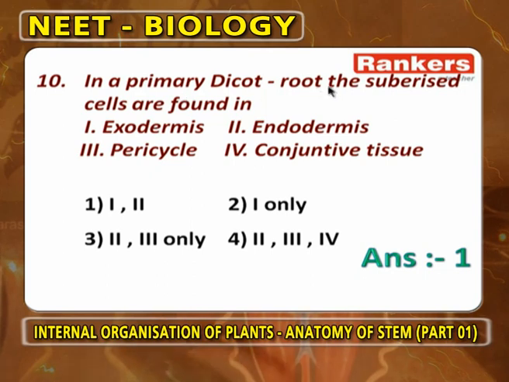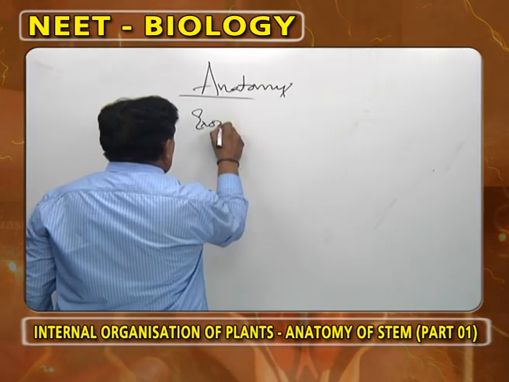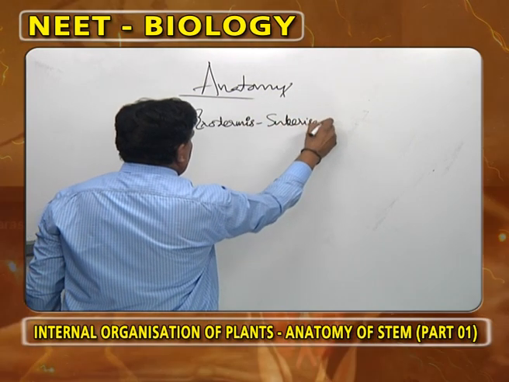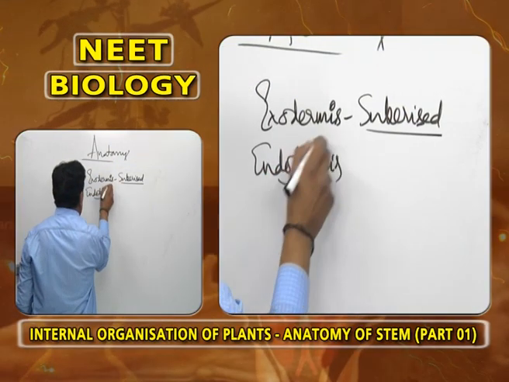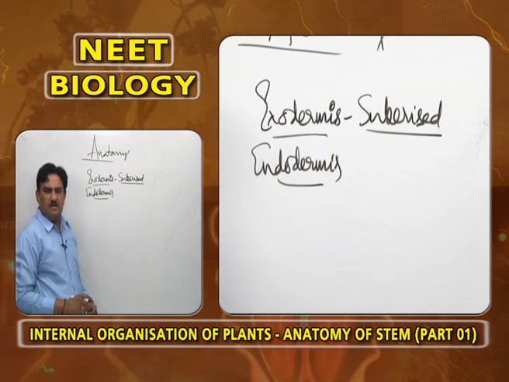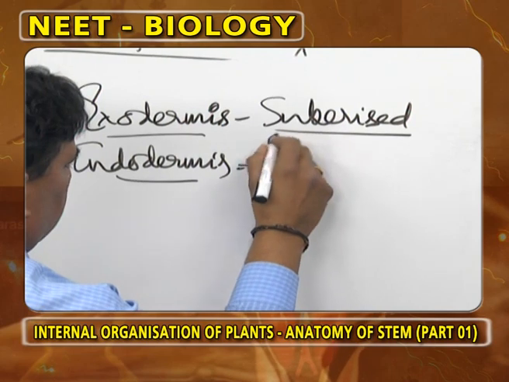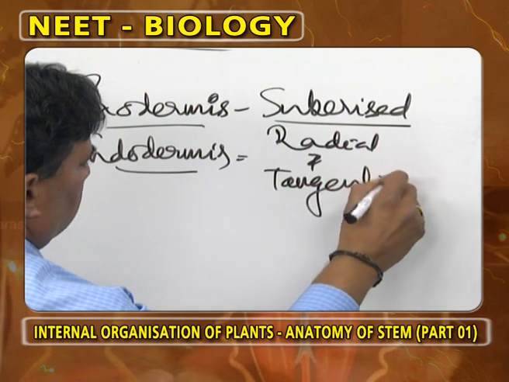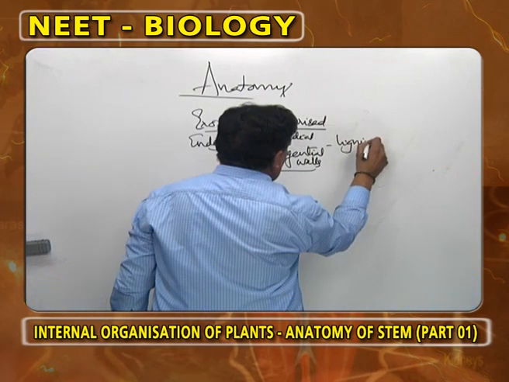In a primary dicot root, suberized cells are... Suberized cell means the cells which are surrounded by suberin. Just now I told you the exodermis, present just below the epidermis in an old root, is suberized. Endodermis is the cortical layer present around the stele. On some cells of the endodermis, the radial and tangential walls show depositions of lignin and suberin.